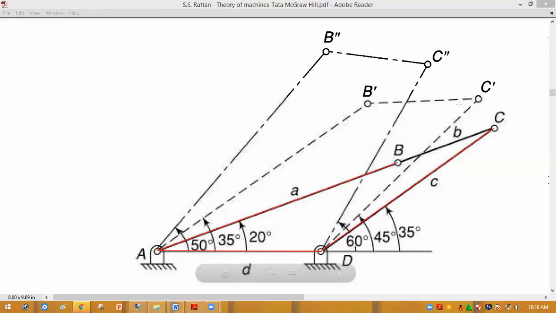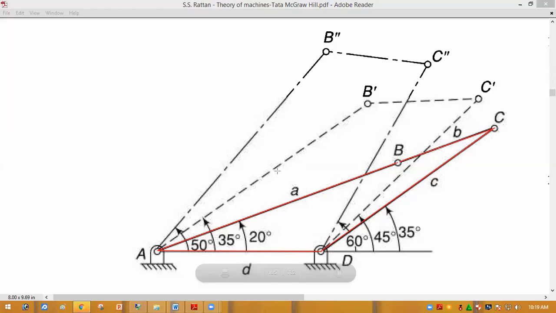You just move your scale or your drafter to find at which point this 0.66 unit is satisfied. At that point we draw a line. So I am drawing the line BC. So I have completed the synthesis of the 4-bar chain mechanism for the first position.